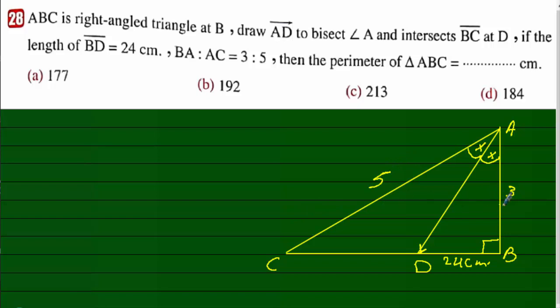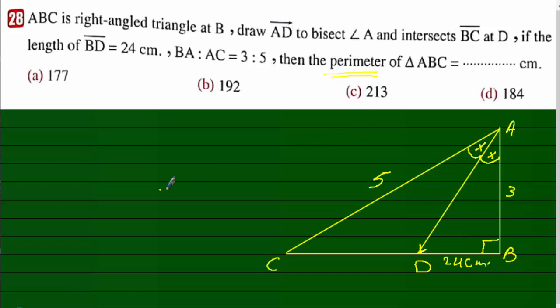Of course, 3 is not the real length of AB, and 5 is not the real length of AC. It is just a ratio between the lengths of AB and AC. Then the required here is to find the perimeter of triangle ABC, which means we want to calculate the length of every side in this triangle, because the perimeter of any triangle equals the sum of its side lengths.